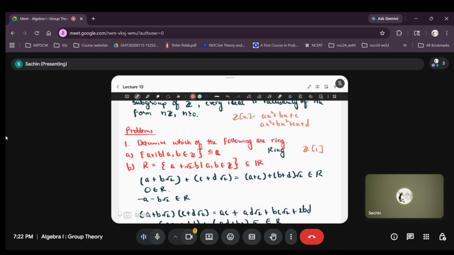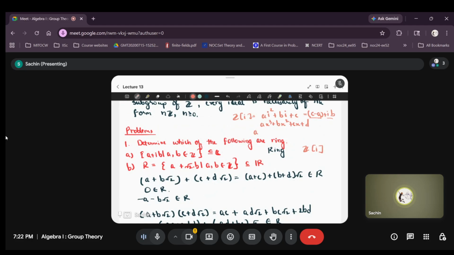Now if you replace this x by i, what would happen? What is ai squared plus bi plus c? It would be c minus a plus ib. So it would be of the form a plus ib for some a and b.